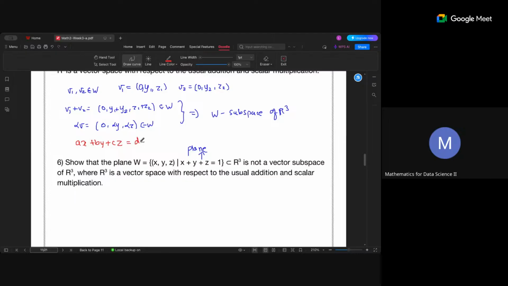This is the general equation of a plane in R3. If d equals 0, it is a plane through the origin. And if d is non-zero, it is a plane not containing the origin.